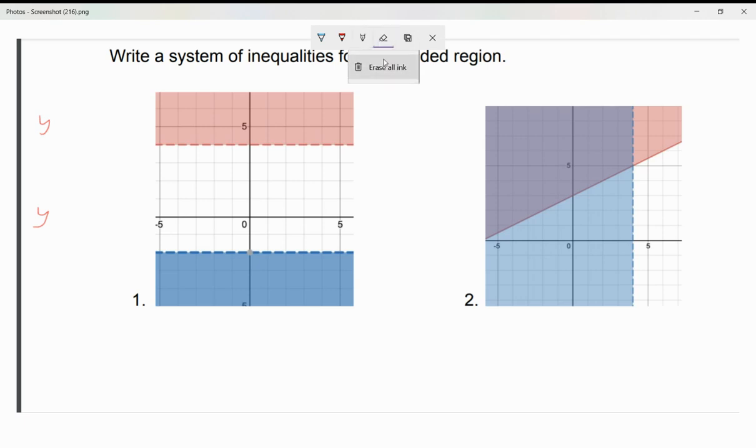Because this is shaded to the top, it's opening upward. There is no line underneath because it's a dotted line. And that's 4 right here. So y is greater than 4.